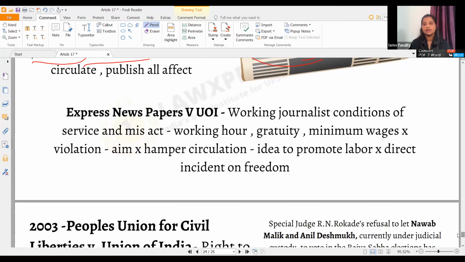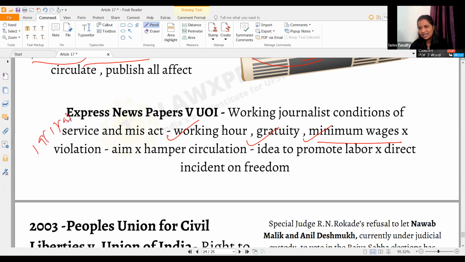Next, whether fixing minimum wages for journalists, for the betterment of labour, affects freedom of press. Now the court stated that this is too much. So any law prescribing working hours, gratuity or minimum wages for journalists does not violate your Article 19(1)(a).